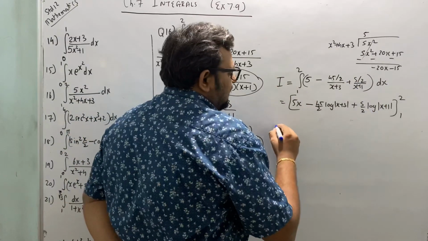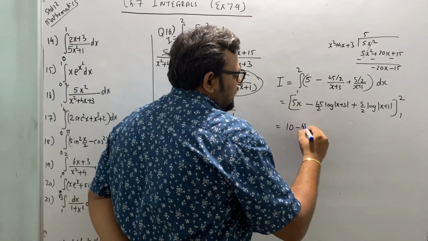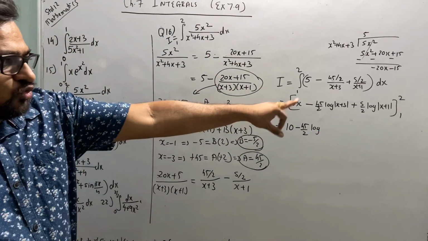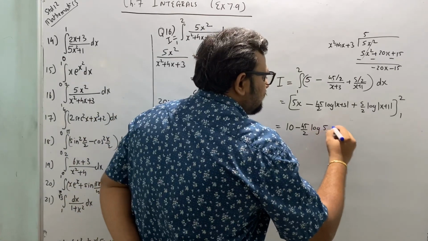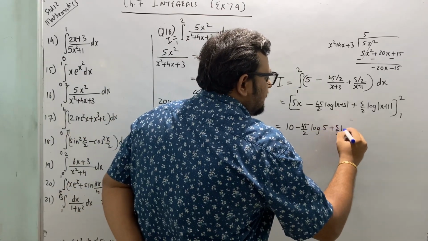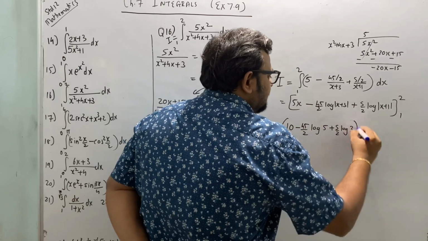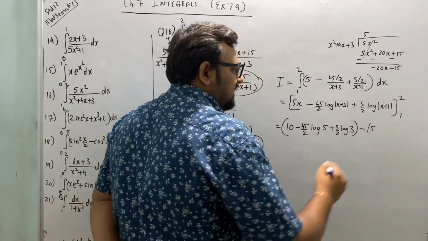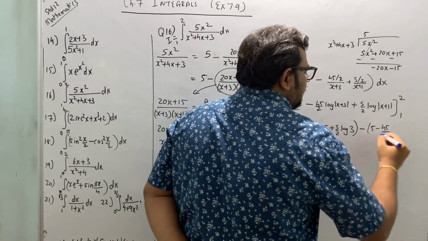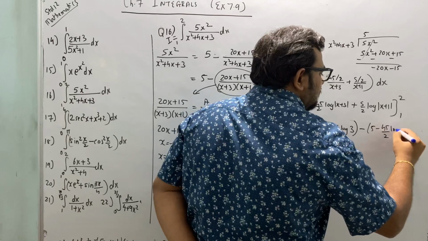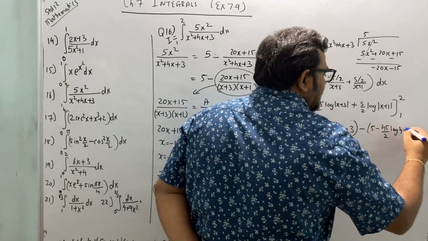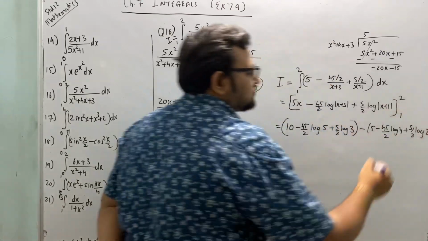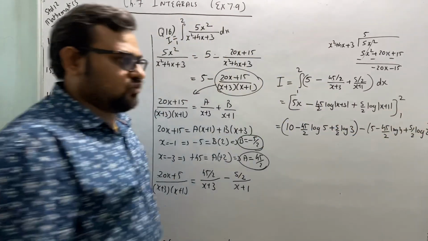So first let's put the upper limit. 5 into 2, 10, minus 45 by 2 log, 2 plus 3, that is log 5, plus 5 by 2 log 3, minus 5 and 5, minus 45 by 2 log 4, plus 5 by 2 log 1 plus 1, 2.